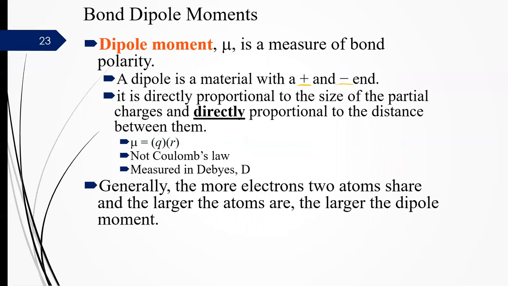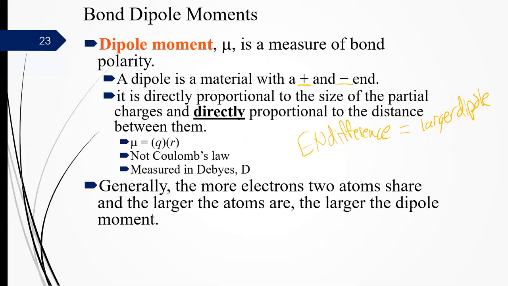So the larger your EN difference, the larger the dipole. And generally, the more electrons two atoms share, and the larger the atoms are, the larger the dipole moment can be.